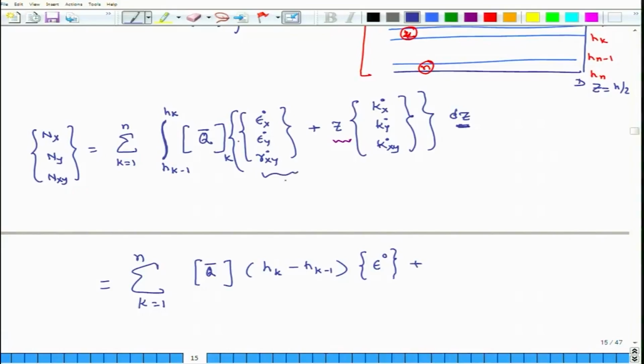So, this is epsilon naught bar and this is k naught bar k. For purposes of brevity I am just doing this.